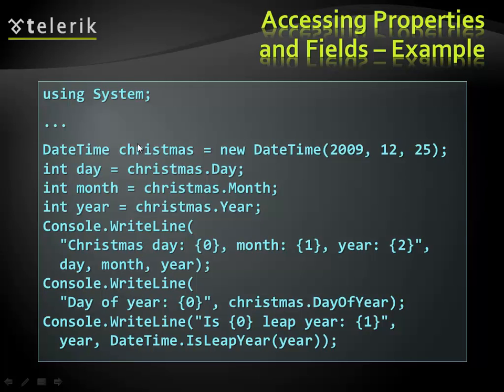So here is an example of accessing the properties of an object. Here we have again the date time, and we are initializing it with a certain date using the new operator here, which I think we've seen, but once we start talking more and more about classes and instantiating objects, we'll see a lot more of this new operator.